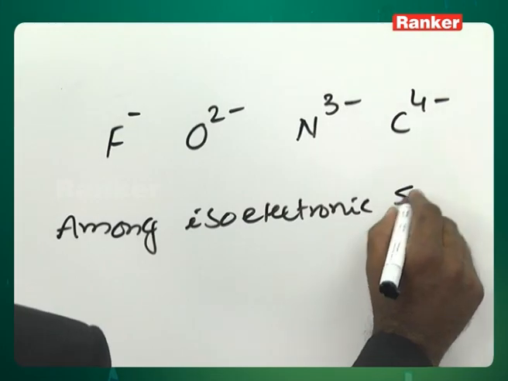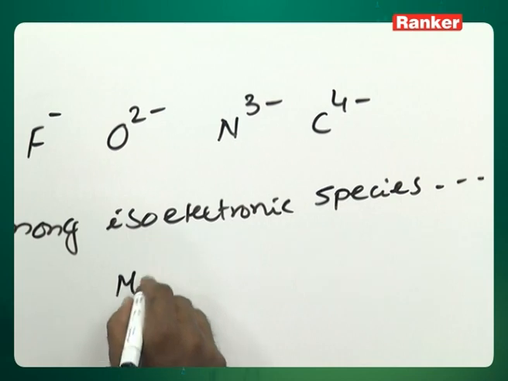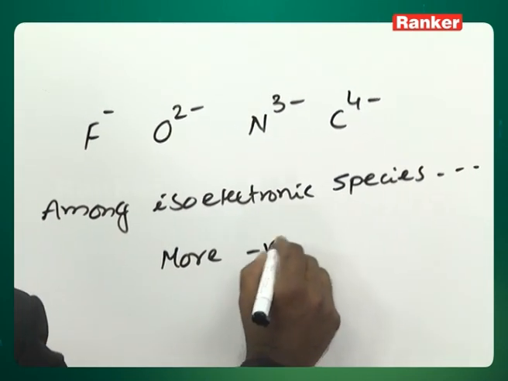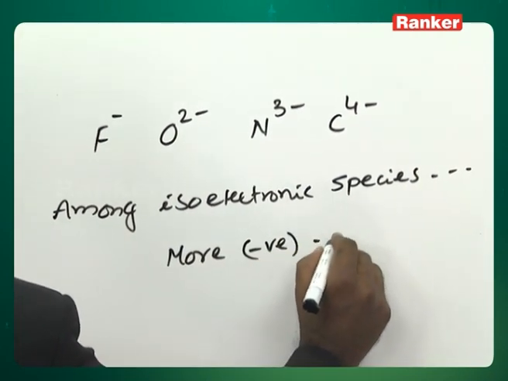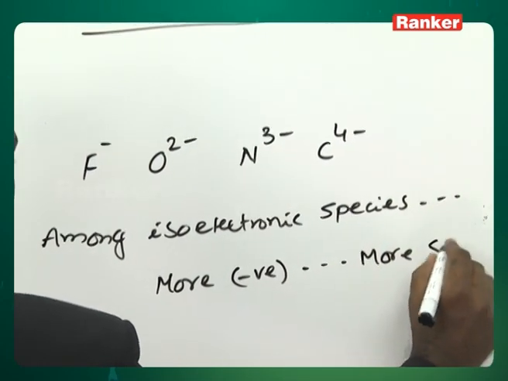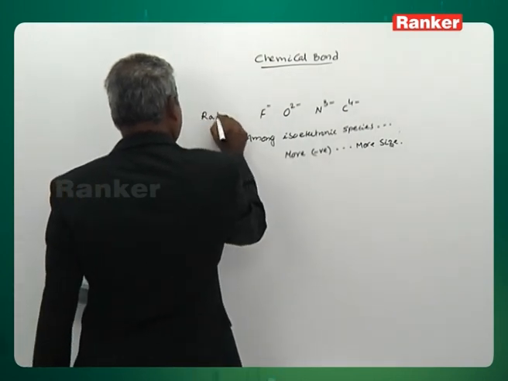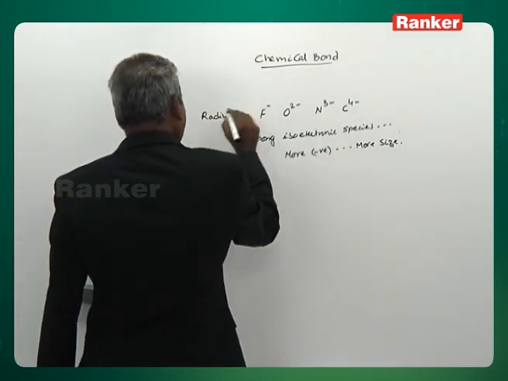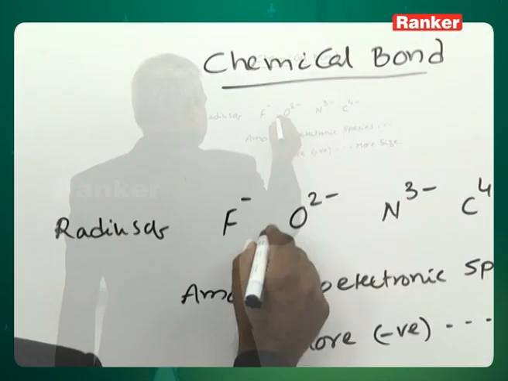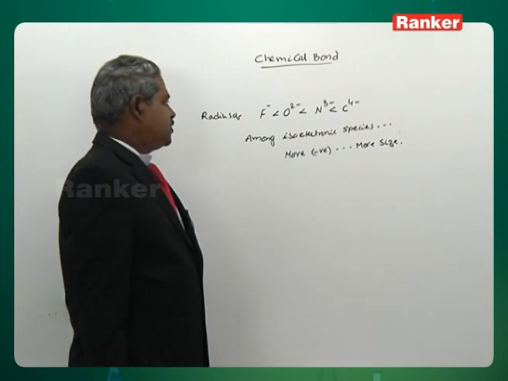Among isoelectronic species, the more negative charge, the more the size. More negative, more size. So, the radius of F minus is smaller than O2 minus, because the greater the negative charge, the bigger the size.